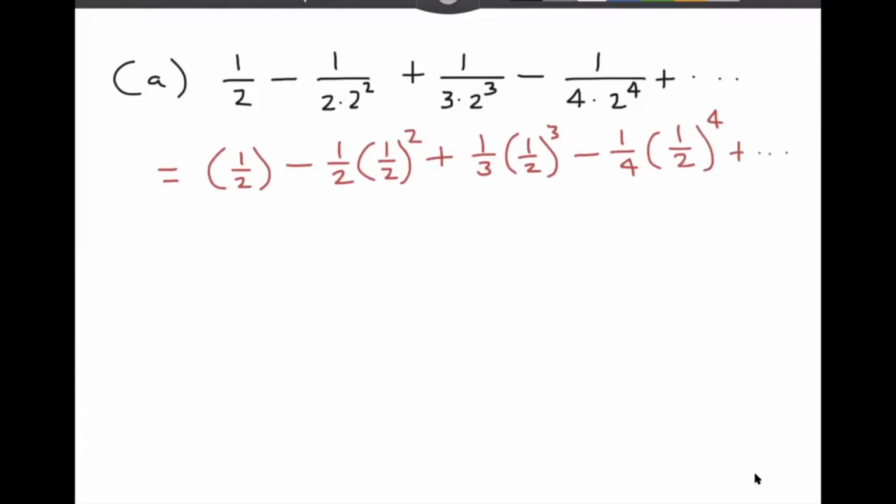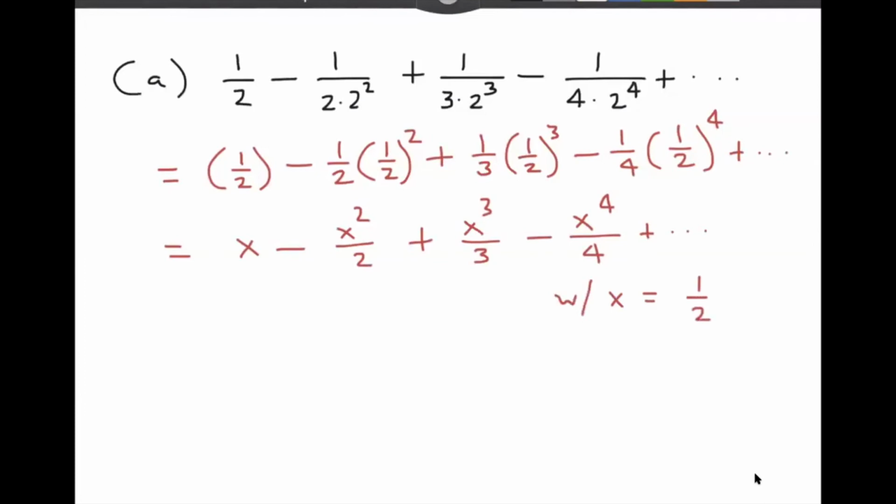So we have a series that looks like this: x minus x squared over 2 plus x cubed over 3 minus x to the 4th over 4, where x has been replaced with 1/2.